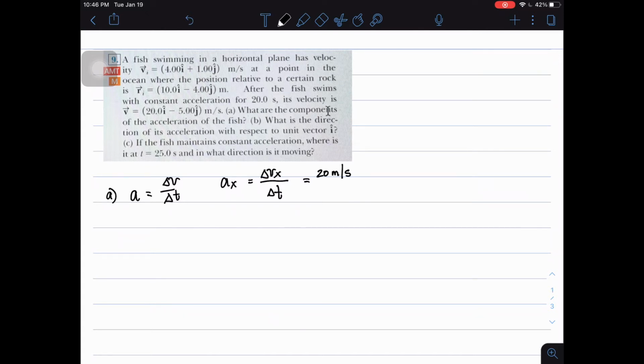Okay, so that 20 meters per second was taken from the final velocity, and that minus 4 meters per second was taken from the initial velocity, and the total time travel is 20 seconds. That's for our a sub x, and the answer is 0.8 meters per second squared. Now let's solve for the y component.